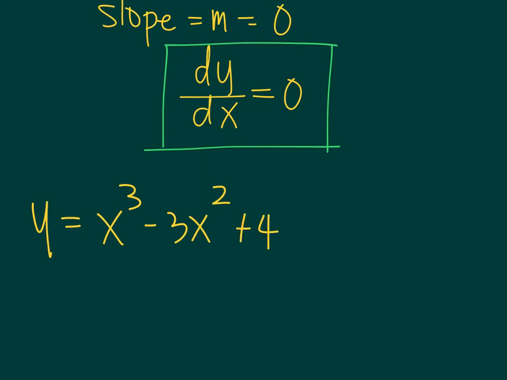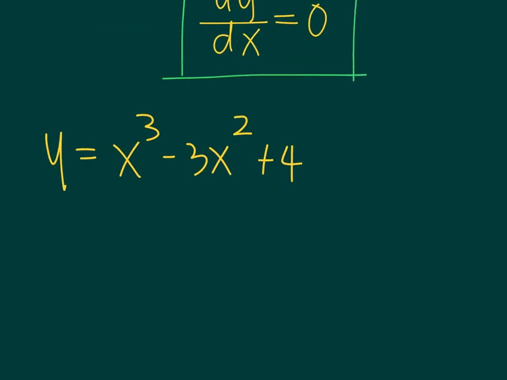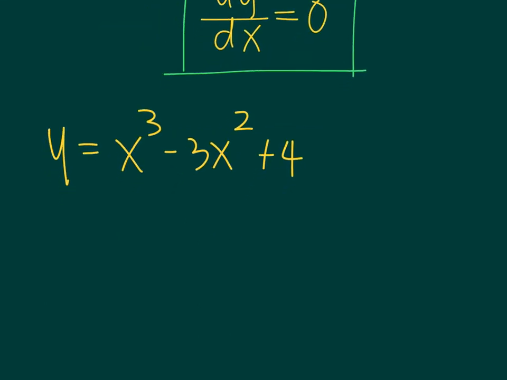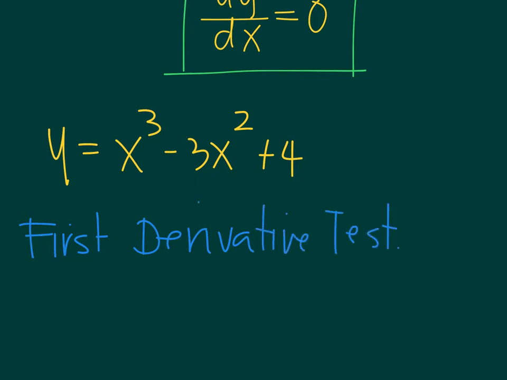To know the relative maximum or minimum, we will be using the derivative of this. Okay, let's apply the first derivative test. As the name suggests, we can only use the first derivative. Okay, so how does it work?